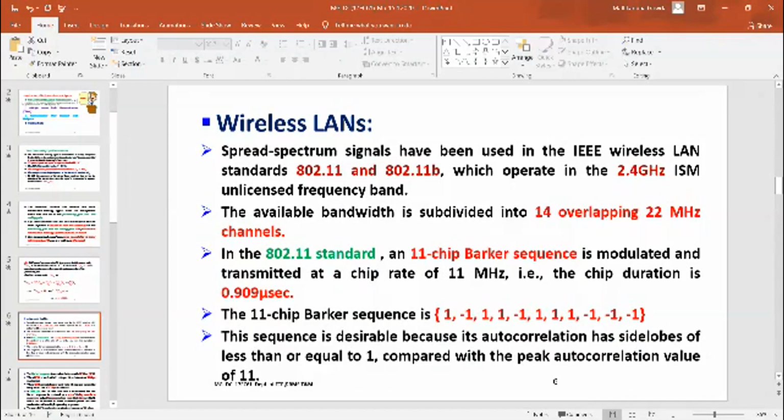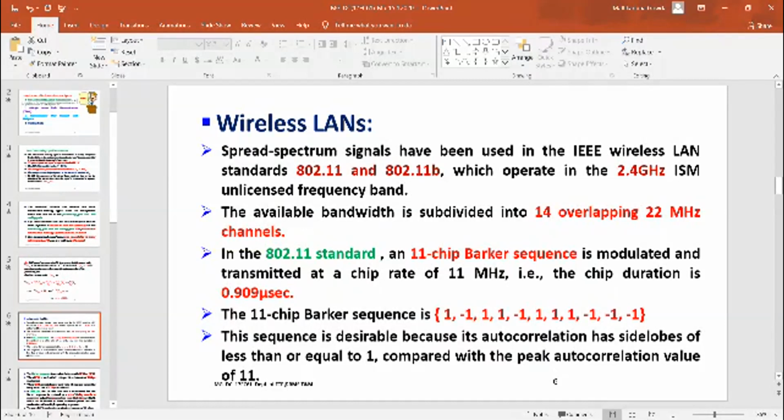The sequence used in the 802.11 standard is an 11 chip Barker sequence, which is modulated using either BPSK or QPSK and transmitted at a chip rate of 11 megahertz, with a chip duration of 0.909 microseconds. The 11 chip Barker sequence used is 1, -1, 1, 1, -1, 1, 1, 1, -1, -1, -1.